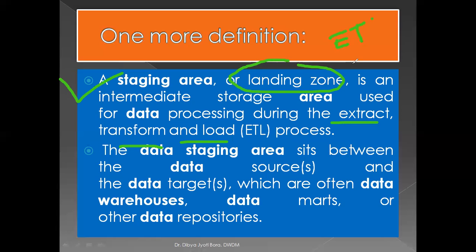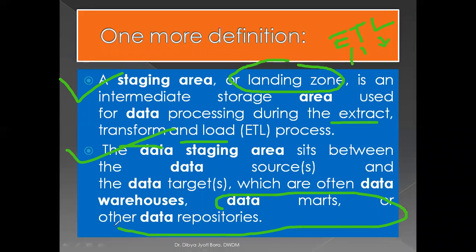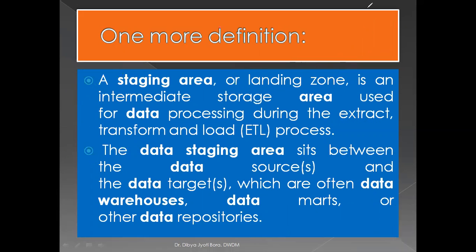Don't forget it. Okay. So the data staging area sits between the data sources and the data target, which are often data warehouses, data marts, or other data repositories. These terms we'll discuss. Data marts, concentrate only on this data warehouse part for now. Data mart I will discuss in the next tier.